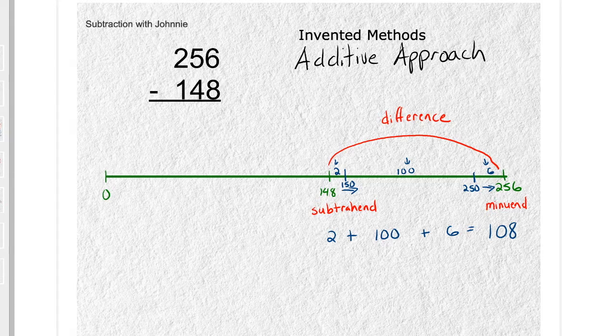So when you have a problem like 256 minus 148, instead of asking how much is left over after we take away 148 from 256, we can say, how much do we need to add to 148? So 148 plus something will take us to 256. This is a great way to teach kids about how addition and subtraction are reciprocal.